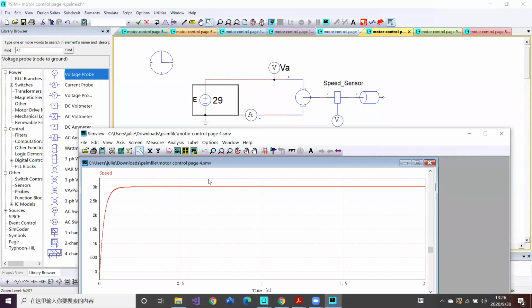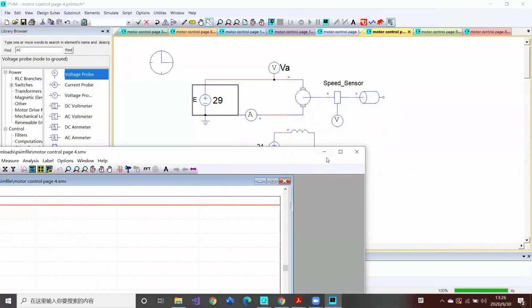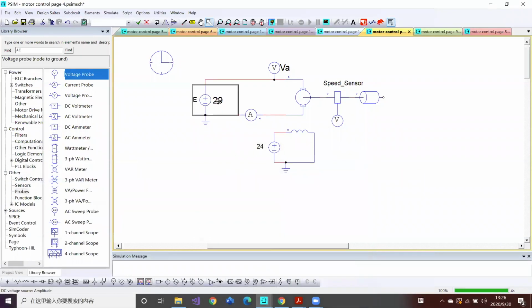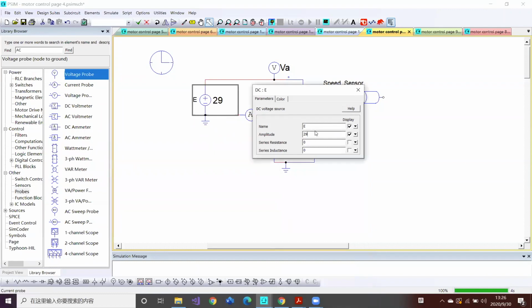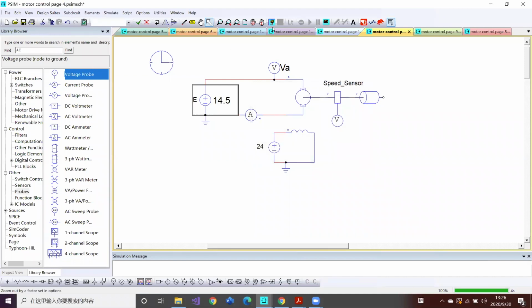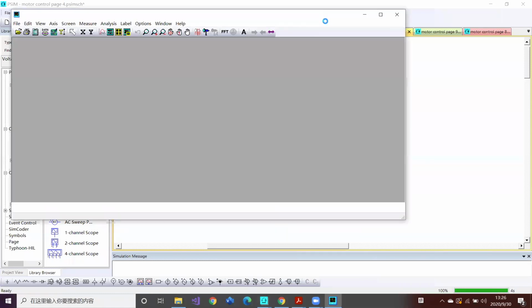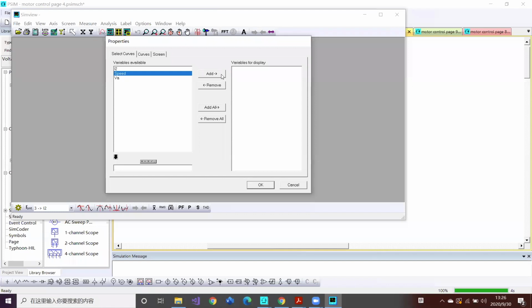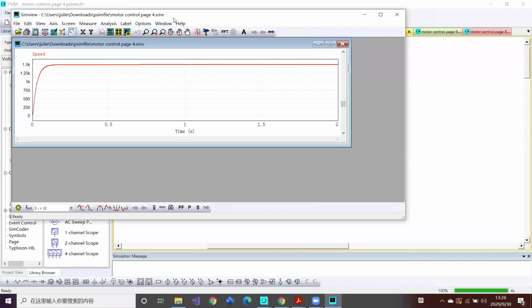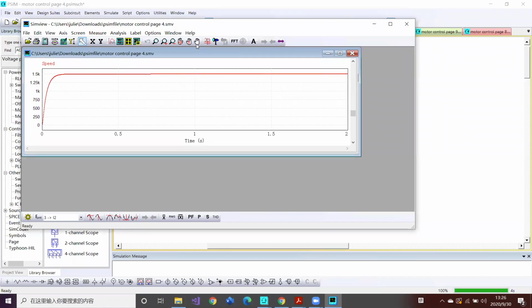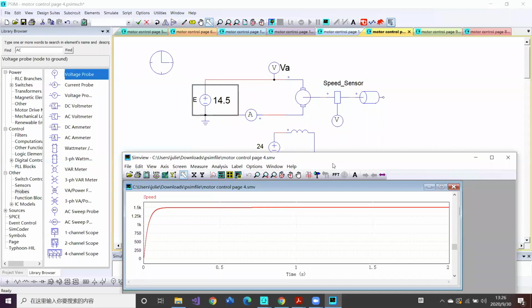So for 1500 it is 14.5. So change this to 14.5, and now you can get 1.5K speed.